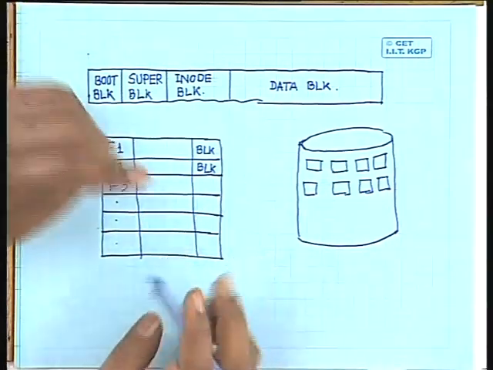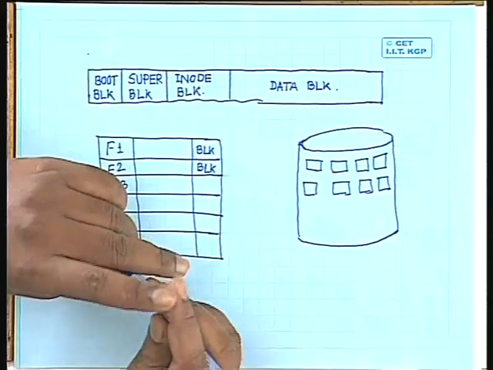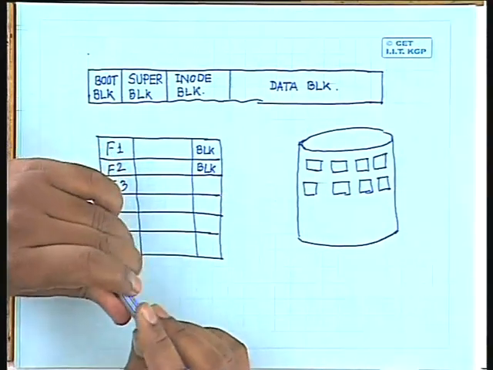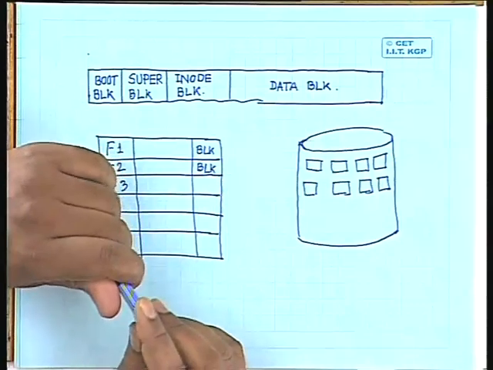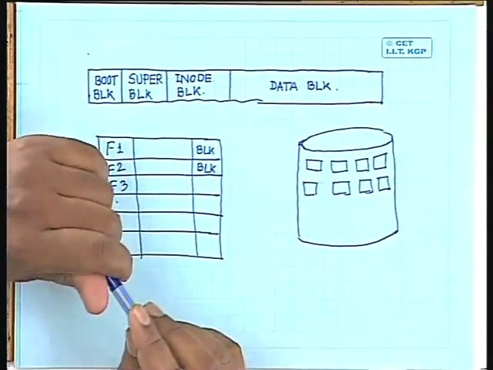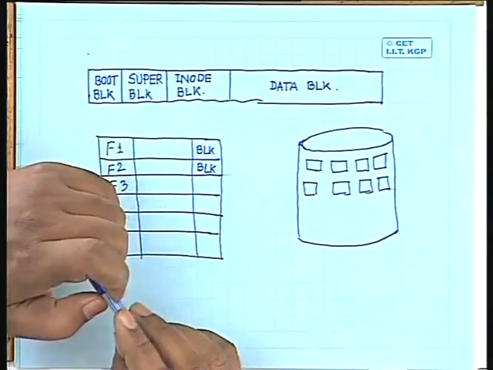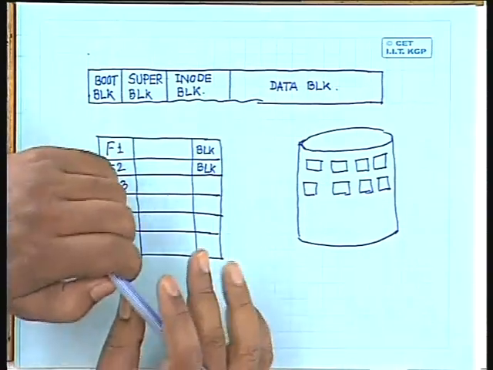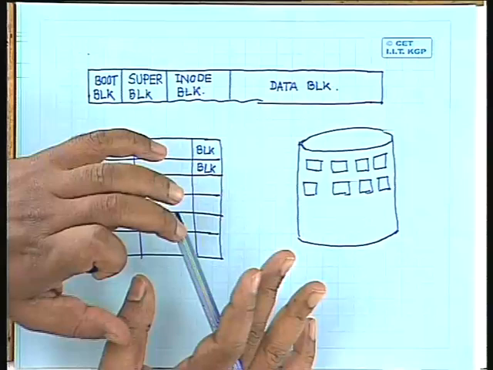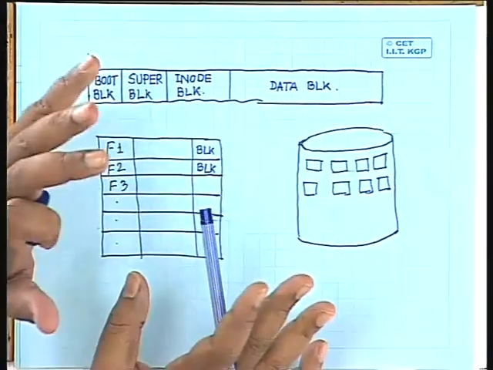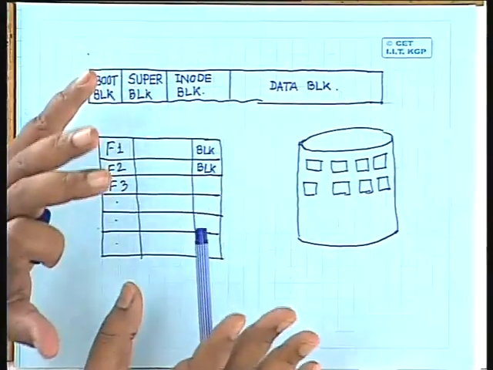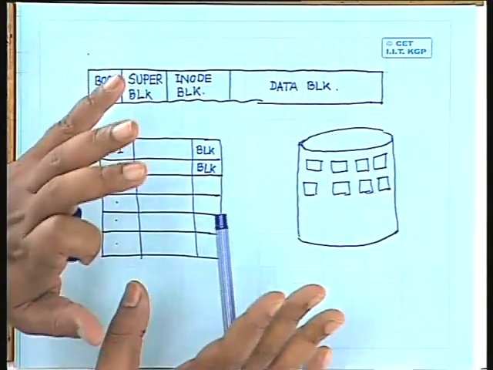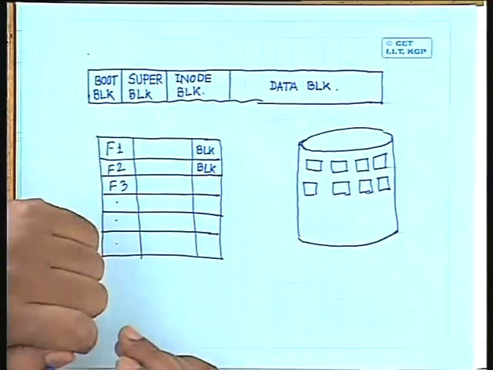But in case of a dynamic situation, it may so happen that suppose I had a file of say 3 kilobytes earlier. The 3 kilobytes may be taking 3 blocks, assuming that every block is 1 kilobyte size. Then later on, I may want to expand the file, modify the file so that the size will change from 3 kilobytes to 4 kilobytes. So earlier the file needed 3 blocks, now it will need 4 blocks.